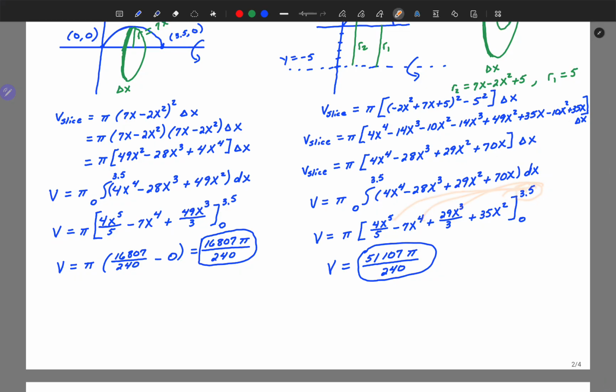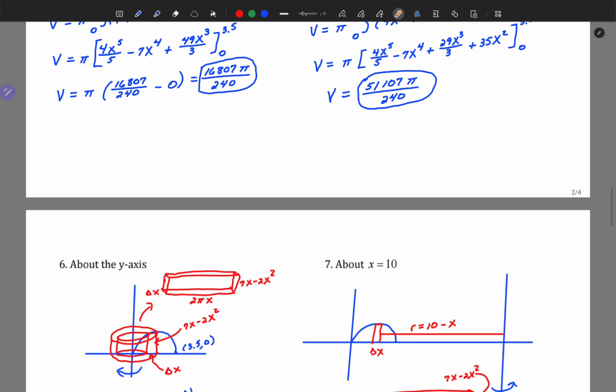When I did, I got the ugly fraction 51,107 over 240. The lower limit was again 0, so I didn't have to worry about that. After that, all I had to do was remember to multiply the fraction by the pi out in front of it to get my final answer.